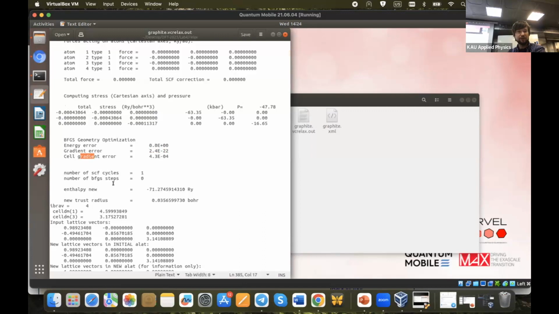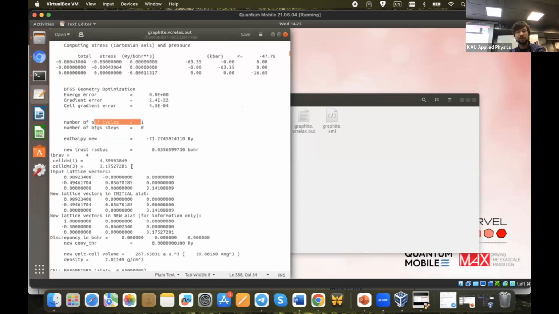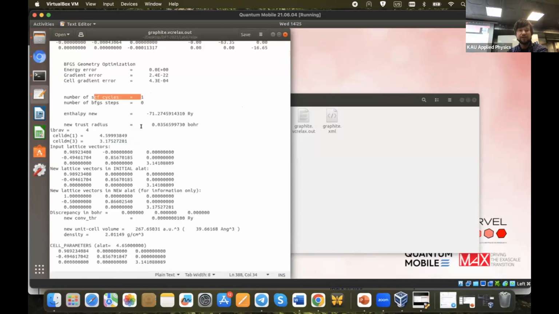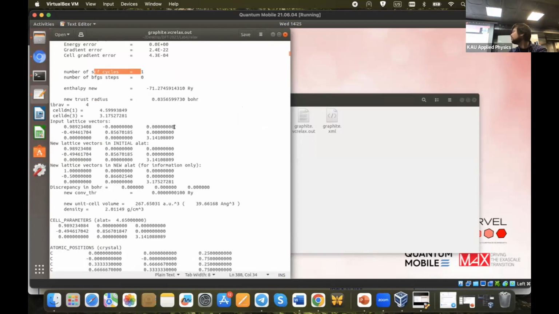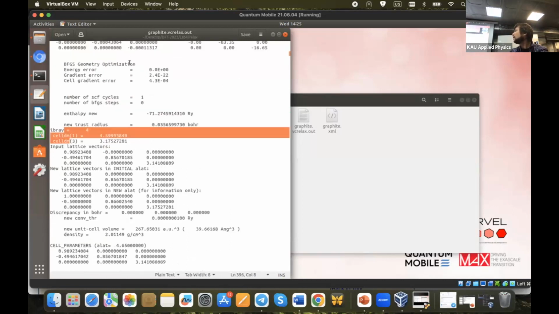Then we have number of SCF cycles 1, because we just made an SCF calculation, and number of BFGS steps 0, because we haven't changed anything yet. And now we are doing these changes. You see, we change CLDM1 and CLDM3. Here we just finished the first SCF calculation to get forces and lattice stress, and then the BFGS cycle begins.